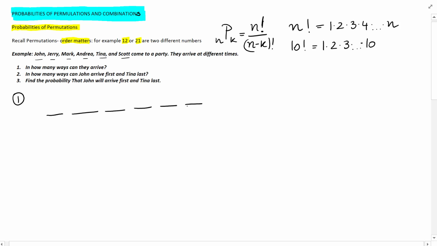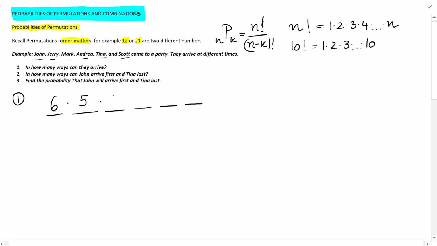Now the first person that arrives at the party can be John, Jerry, Mark, Andrea, Tina, or Scott. So there are 6 possibilities for the first person. Once the first person is there, there are just 5 people left to come to the party.